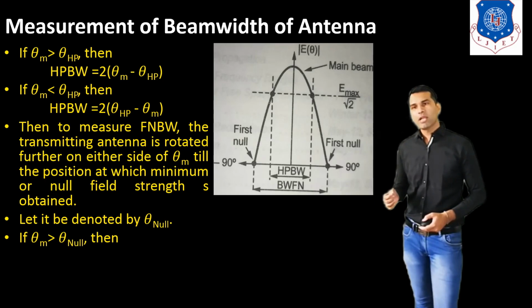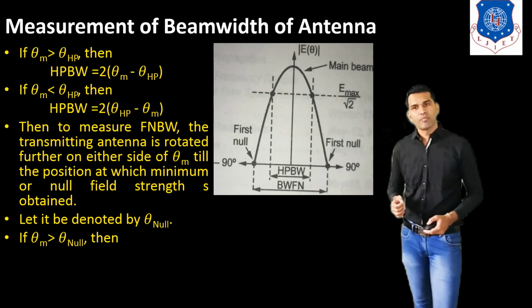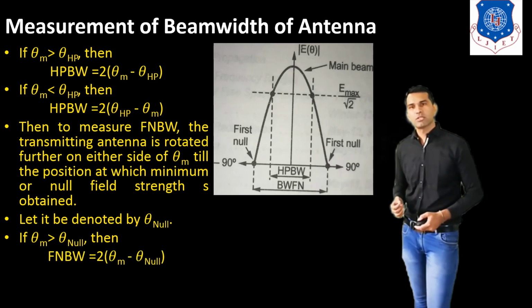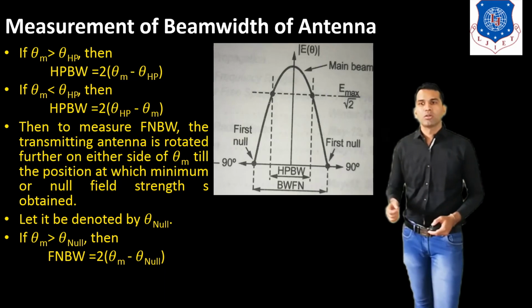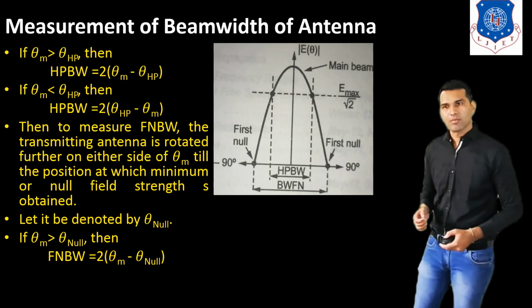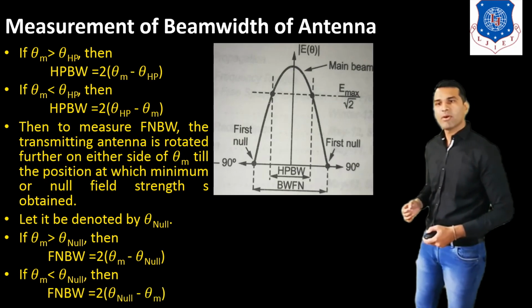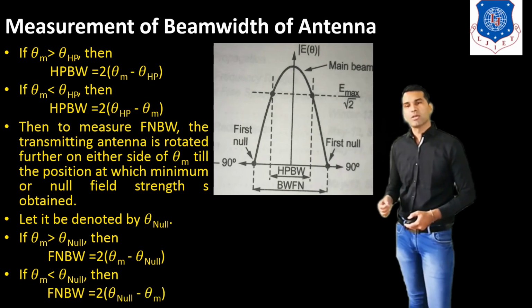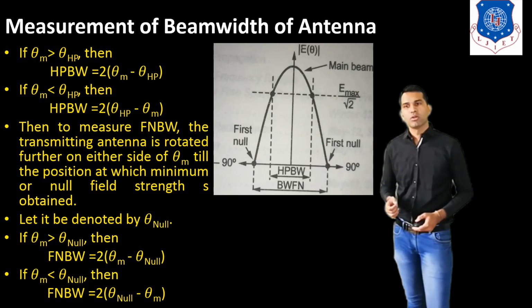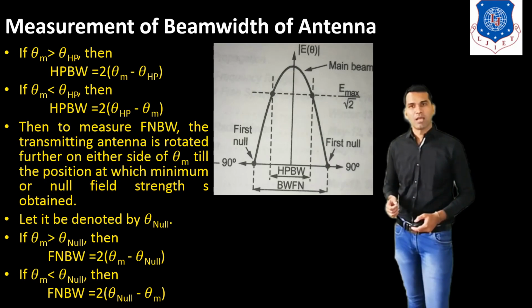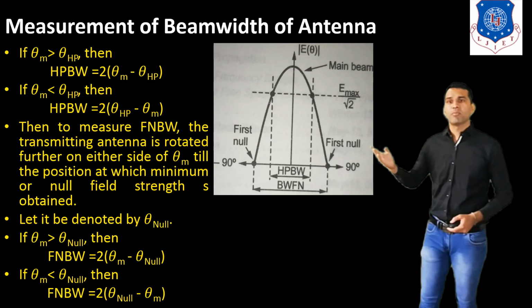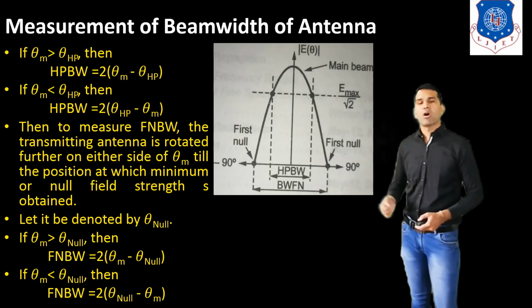Then if theta m is greater than theta null, we can find FNBW by using this equation: FNBW is equal to 2 (theta m minus theta null). And if theta m is less than theta null, then we can find the first null beam width by using the equation 2 times (theta null minus theta m). So this is the process of the measurement of the beam width of the antenna.